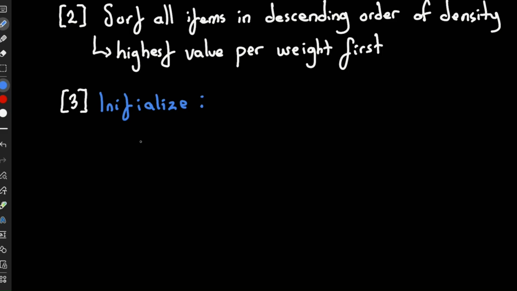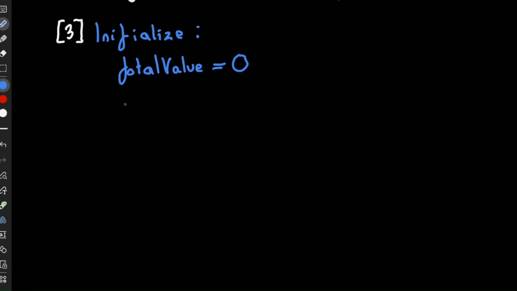First, I will have a variable called total value. I will use it to accumulate the item values that we are selecting. Then I will have another variable, which is remaining capacity.